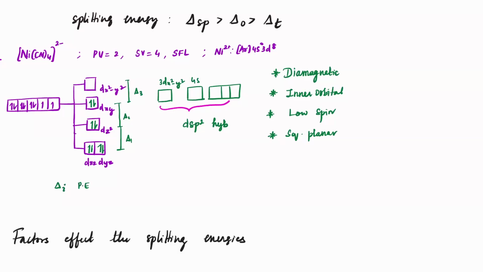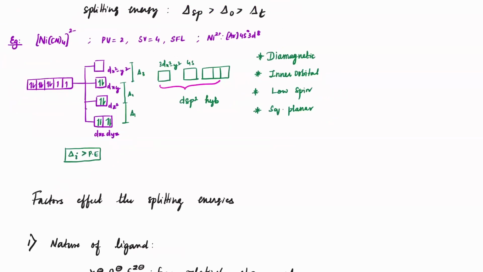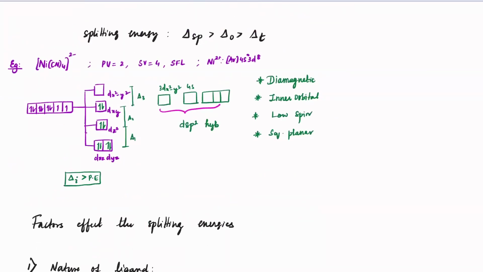So that means in all these cases, first filling is important. It will follow Aufbau's rule: fill all the lower energy orbitals first, then only go to the higher energy orbitals. That's how it works. Clear? These are the square planar cases. I hope this part is clear, everybody.